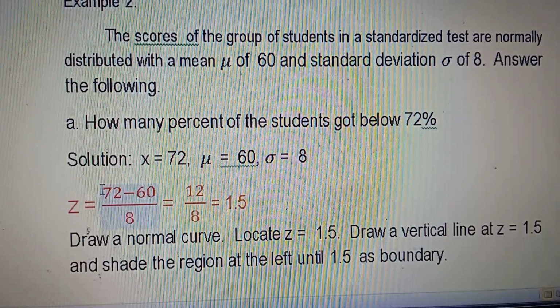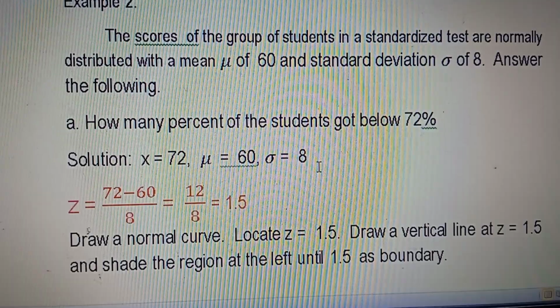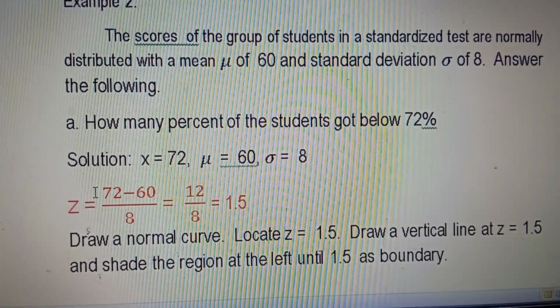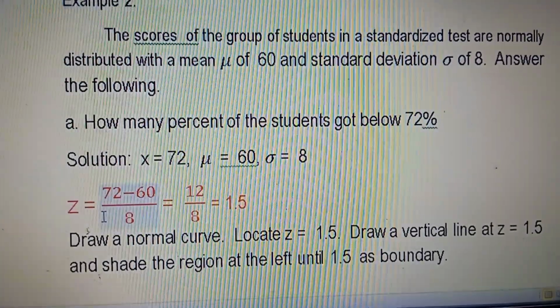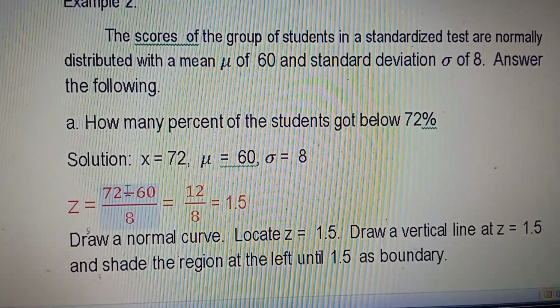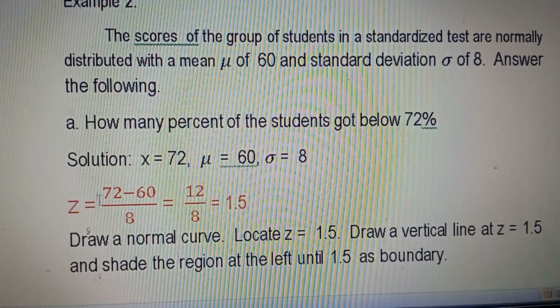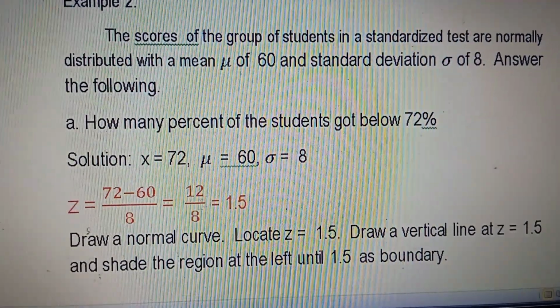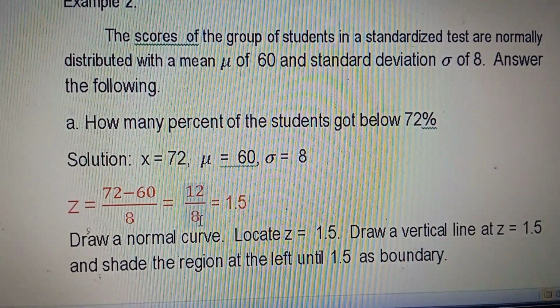Okay, solution. x equals 72, mu is 60, and sigma is 8. Making use of the formula z equals x minus mu over sigma, that is 72 minus 60 over 8 equals 12 over 8, or 12 divided by 8 is 1.5.